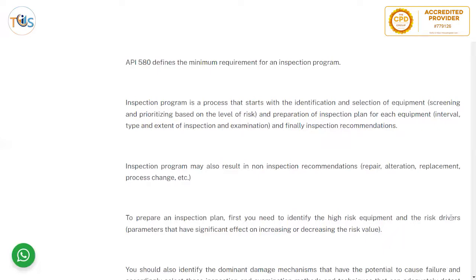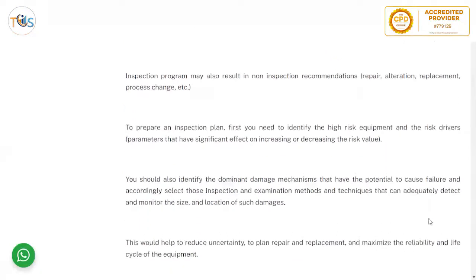An inspection program may also result in non-inspection recommendations such as repair, alteration, replacement, process change, the use of inhibitors, change of materials, and so forth.